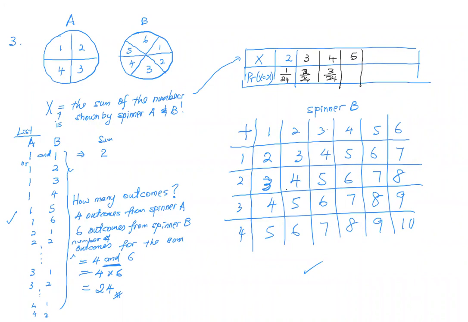Ramisa? Yes, miss. Does 5 appear 4 times? Miss, I don't understand your question. Can you please repeat? Okay, I want to find the probability of getting the sum of 5.